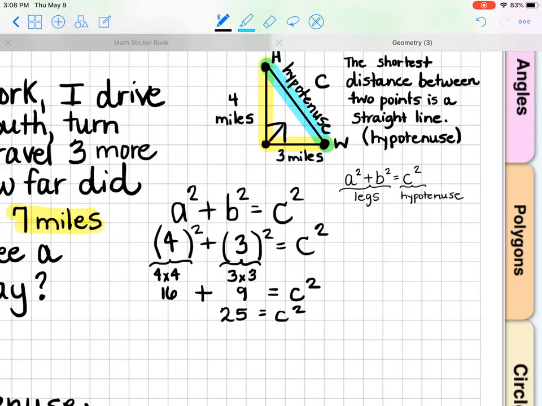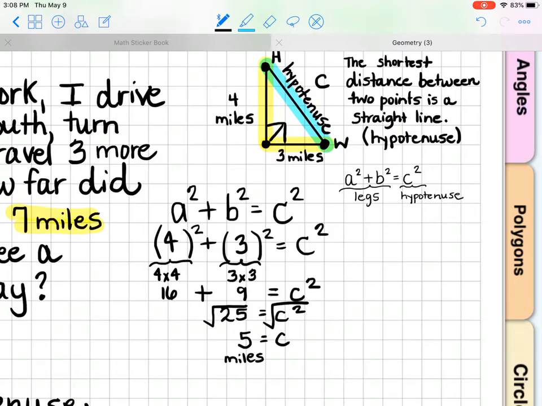And you may be thinking there is no way that's 25 miles. And you're right. This is c to the second power. So we need to take the square root of those. And this is in the calculator portion, so I'm not going to spend time here. The square root of 25 is 5 miles.